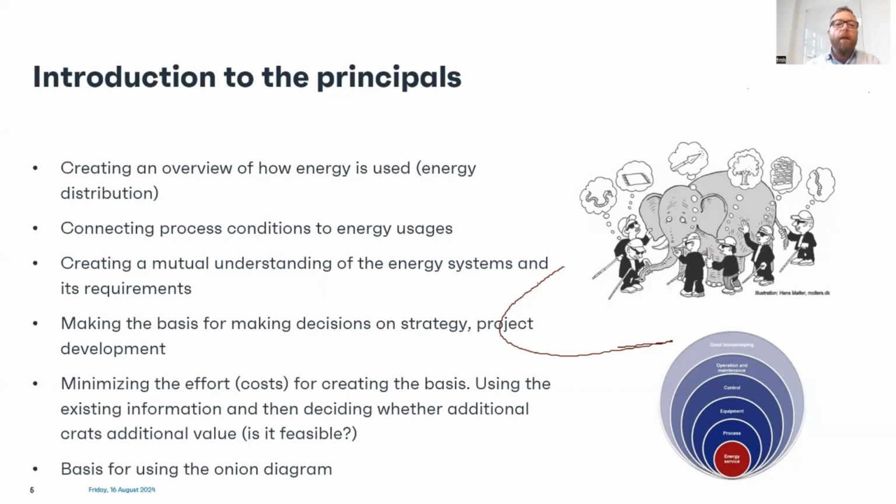If we look at it the other way around, optimizing the utility system first, then you will save energy on the utility system. But that will not have any impact on the process or the distribution system. So it's like a one-way.